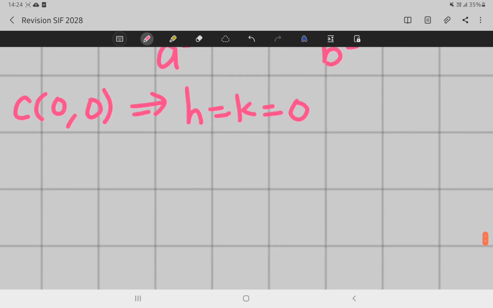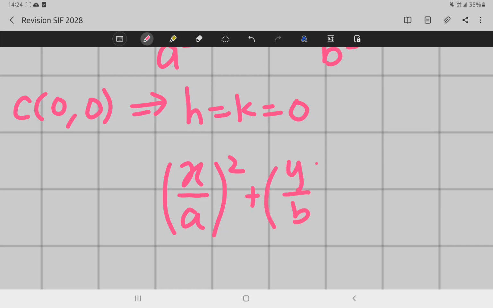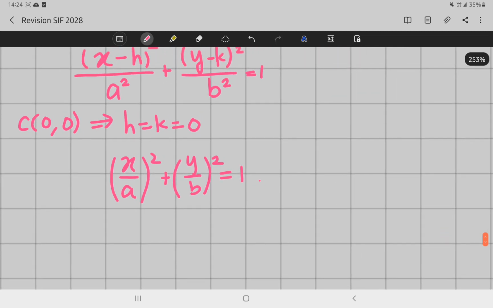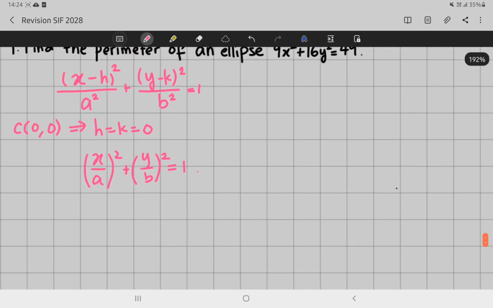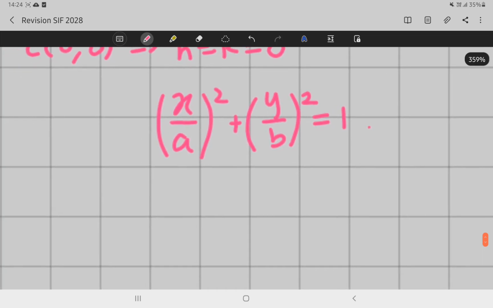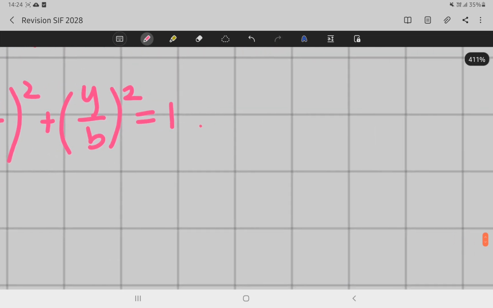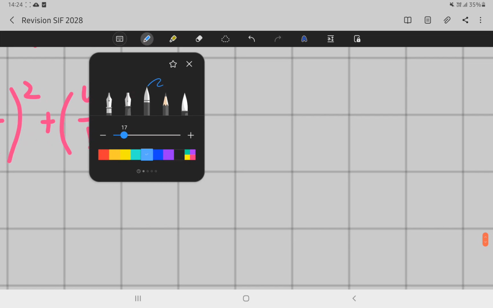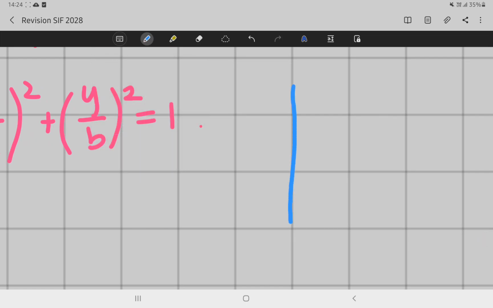So now we consider (x over a) squared plus (y over b) squared equals 1. The ellipse will look like this, probably.